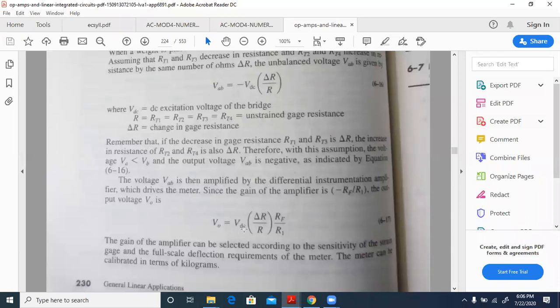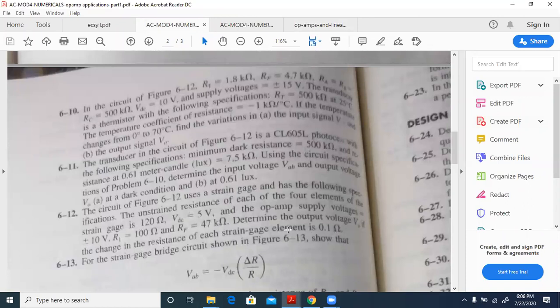So VDC is 10. Del R is given as 0.1, and R is 120. Is it kilo ohm or ohms?